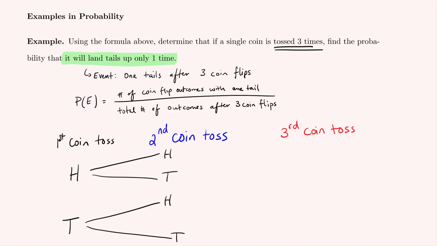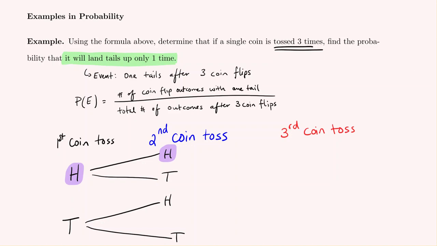We know we could get, and to help us see this, what I'm imagining now is that we got heads for the first coin toss, heads for the second. And if that occurred, we'd still have to flip the coin one more time, which would be our third coin toss.